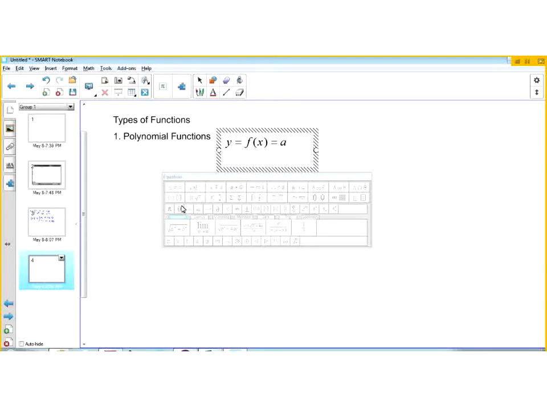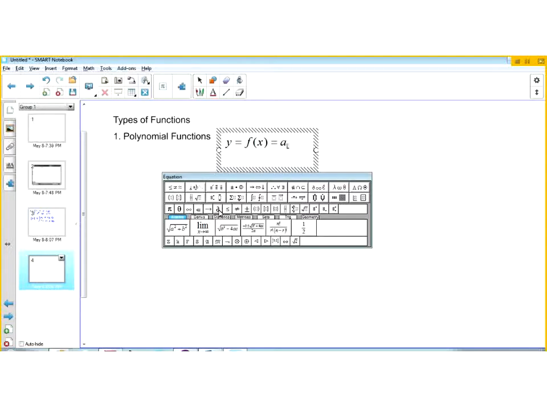y, which is equal to f of x, which is equal to a sub n x to the power of n, plus a sub n minus 1 x to the power of n minus 1, plus, and then what, the ellipsis, or ipsis, I've heard it said both ways.